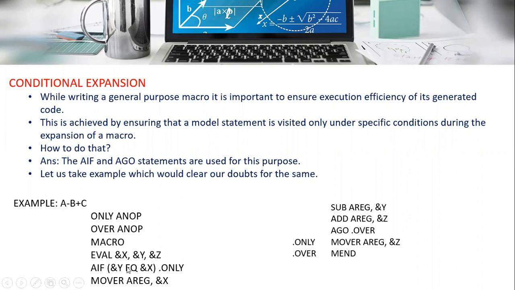If the condition is satisfied, that is true, then we use MOVER AREG, Z. The value of Z will be moved to the AREG register. That means control directly expands this statement under the given condition &Y equals &X. If both values are equal, we transfer control for the conditional expansion, and we expand the statement given at the sequencing symbol ONLY.